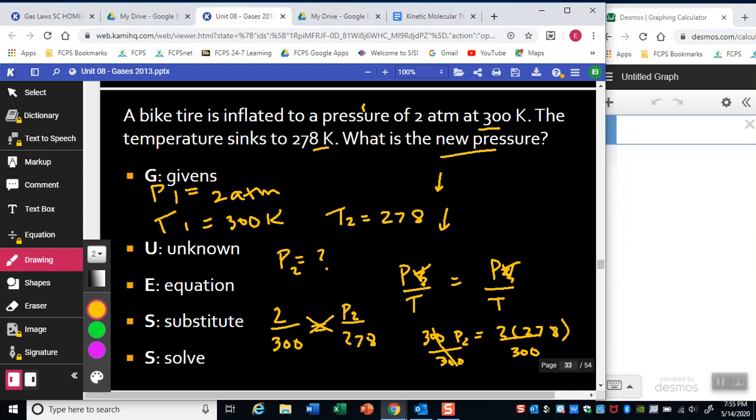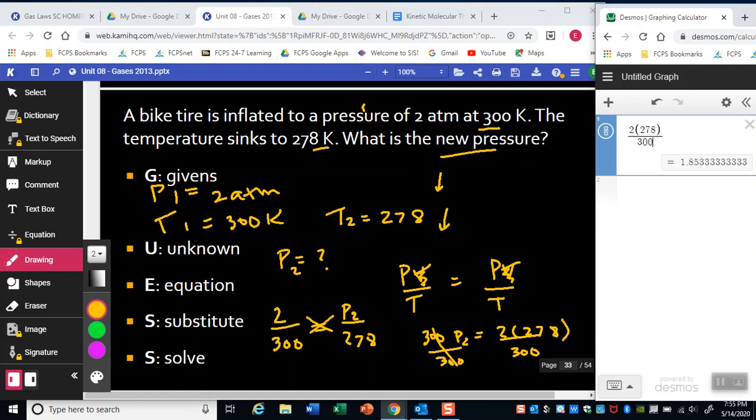So now I'm going to do that in Desmos. I'm going to put 2 times 278, and all of that divided by 300. And so I get 1.85 as my new pressure.